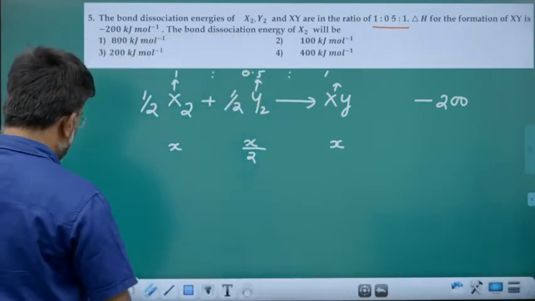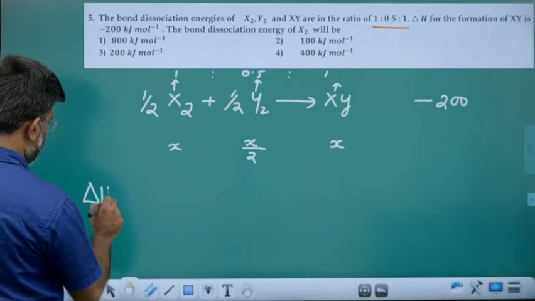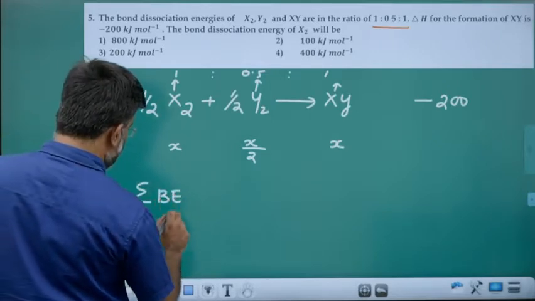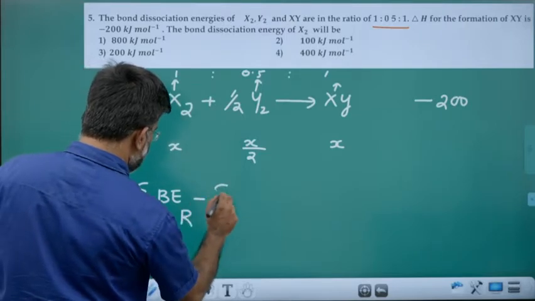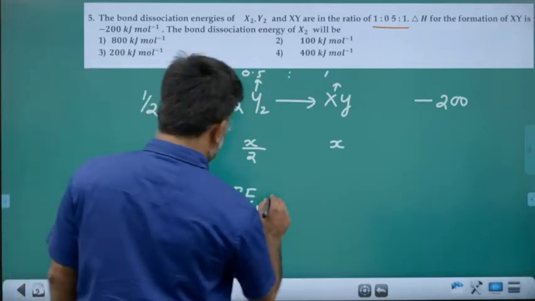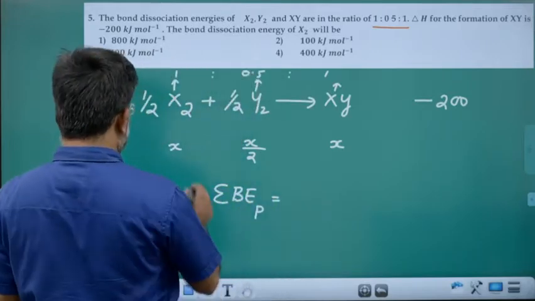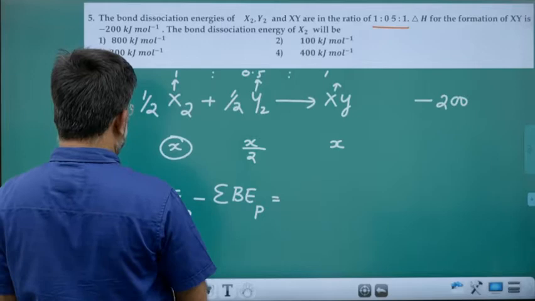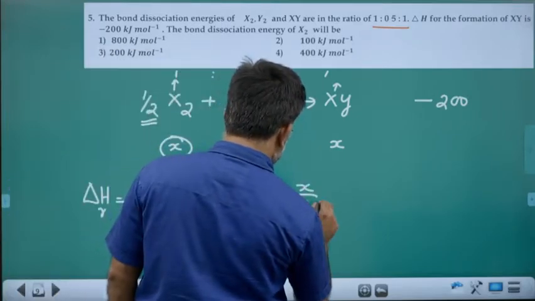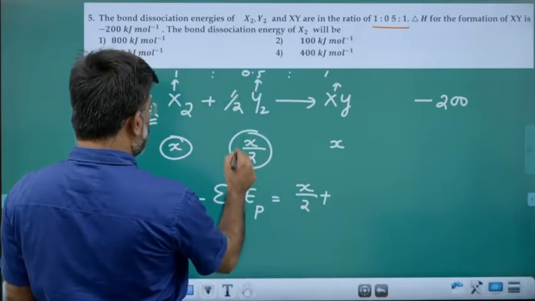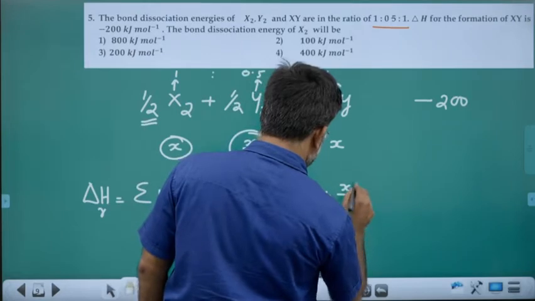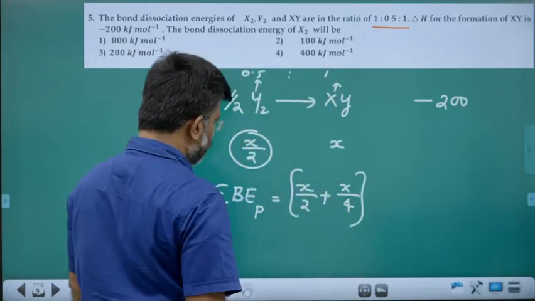Now you apply the equation: delta H of reaction is equal to sum of bond enthalpy of reactants minus sum of bond enthalpy of products. Bond enthalpy of reactants: for half mole of X2, it is x by 2 kilojoule per mole. For half mole of Y2, it will be x by 4. This is reactants.